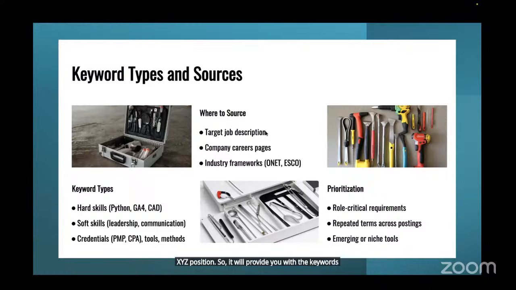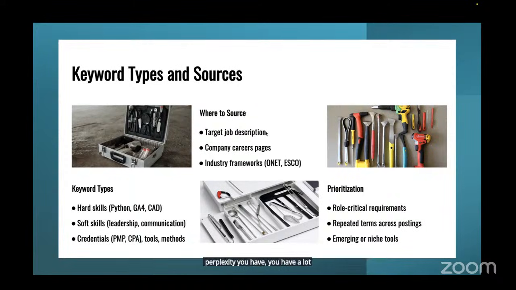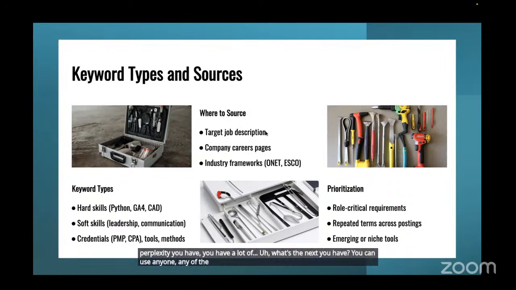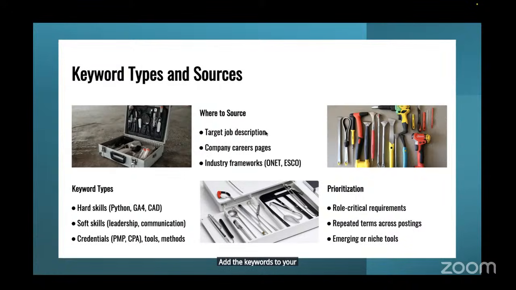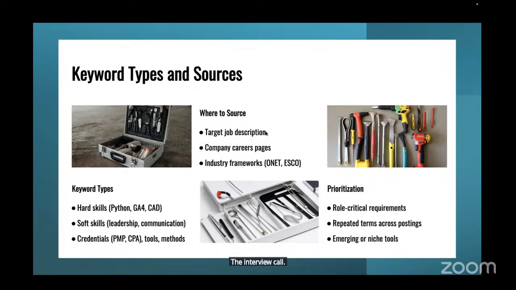And in today's time, you have the best thing, generative AI: ChatGPT, Gemini, Perplexity, Watson X. You can use any of these AIs, upload your job description, and ask it to give you some keywords. Add the keywords to your resume. ATS will capture those keywords, your resume will get shortlisted, and you will get the interview call. That's how it goes.